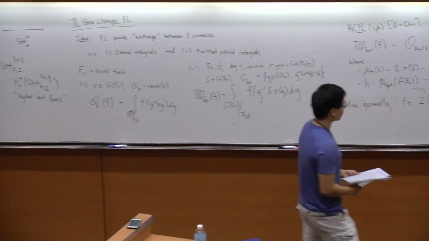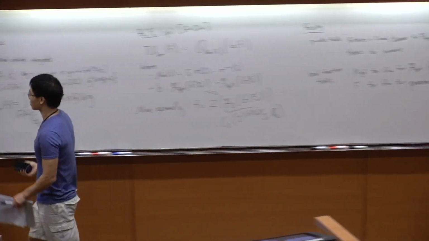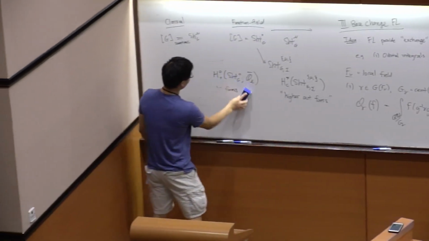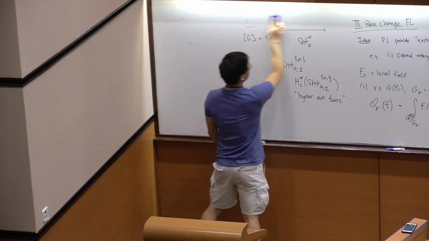All right, so let me mention an application. There's a few applications of this fundamental lemma, but let me mention one which is also going to be relevant in terms of framing the proof.